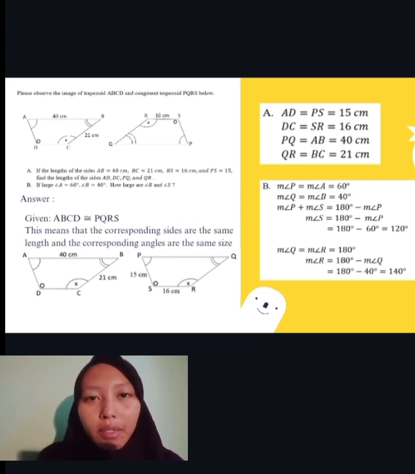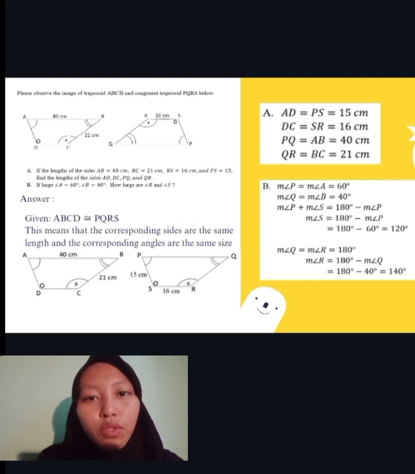For angle P and angle S, the total is 180 degrees, a rule taken from two parallel lines. Lines PQ and SR are two parallel lines cut by a line PS. So we can write angle P plus angle S equals 180 degrees, because we have obtained the P angle of 60 degrees.